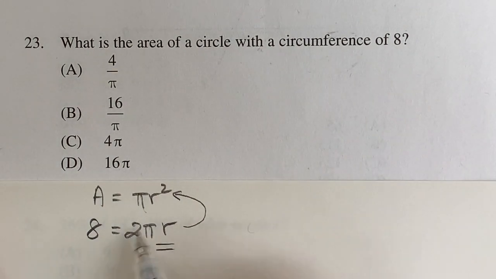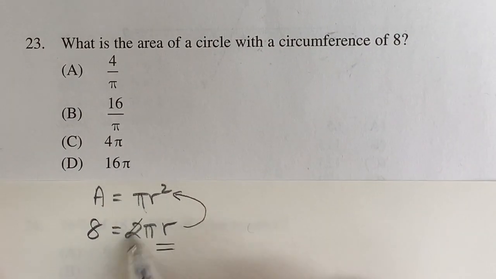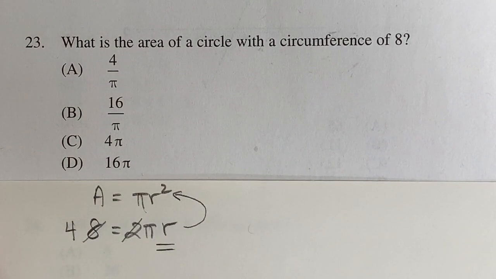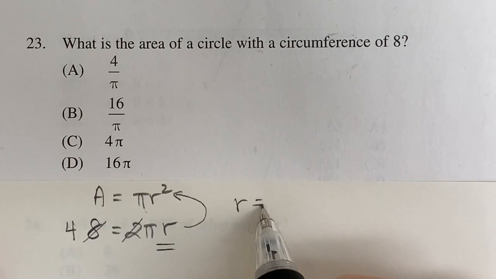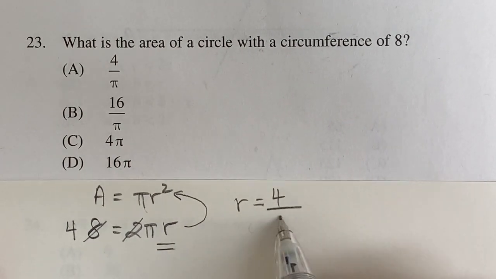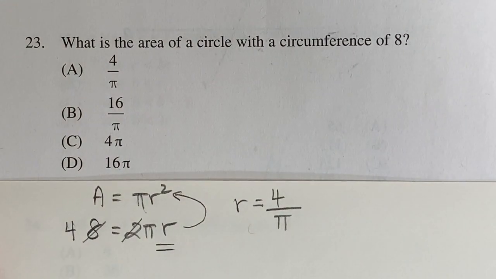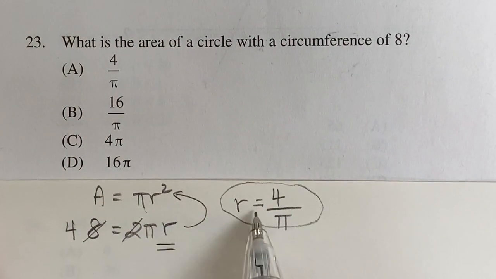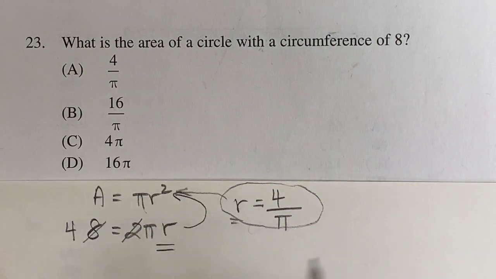So from here, I am just going to divide by 2, which then gives me 4. Okay, so then it seems like r is equal to 4 over pi. Once I have the radius, I'm going to plug this radius back into the first equation.